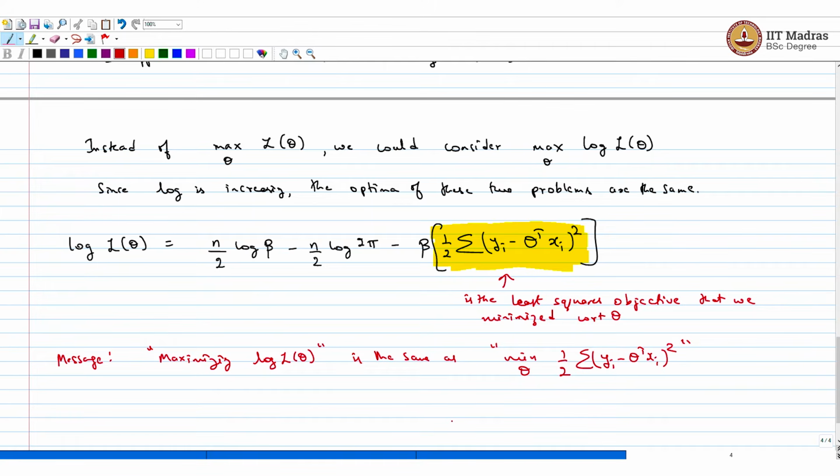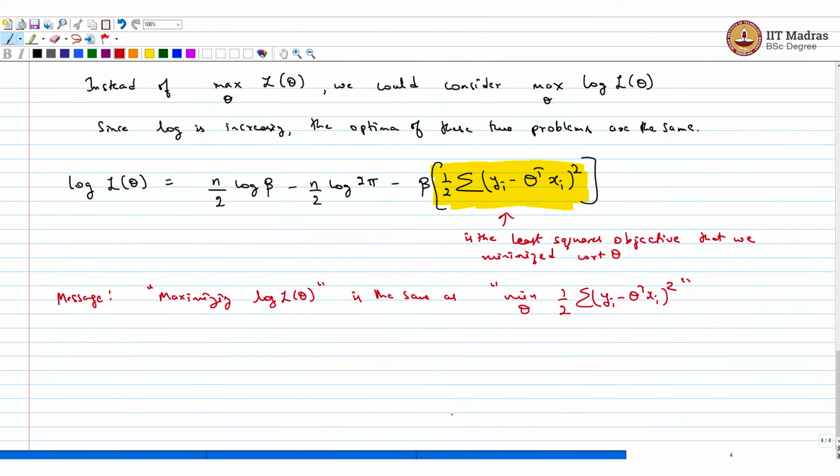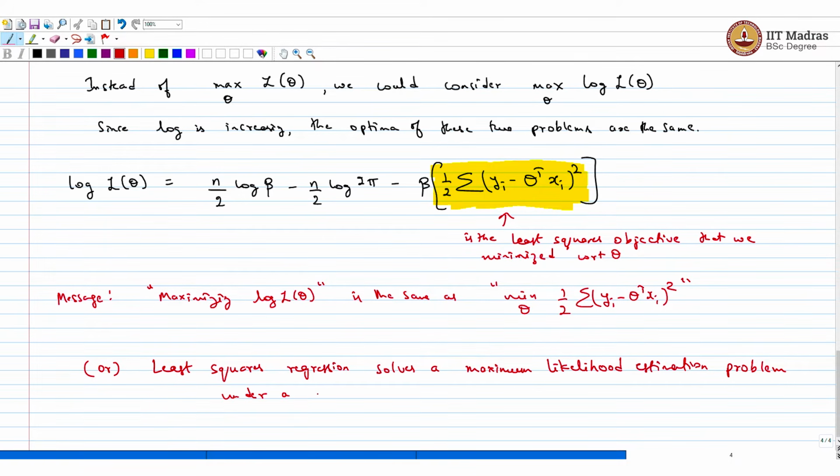So, when I do least squares regression, I am effectively solving a maximum likelihood estimation problem under a linear model.